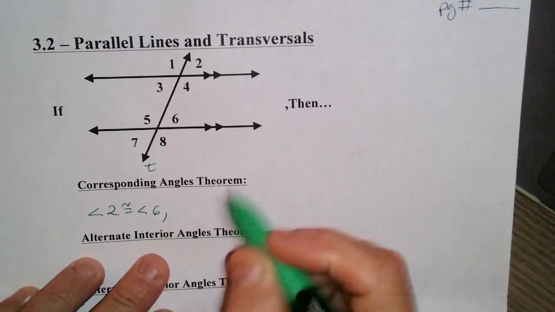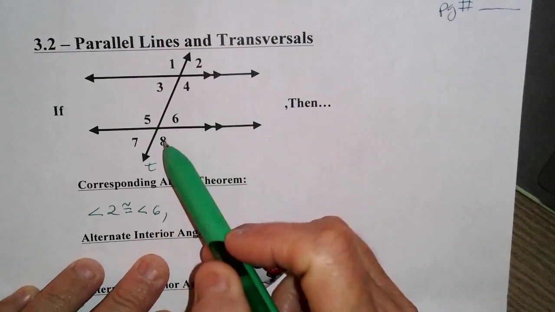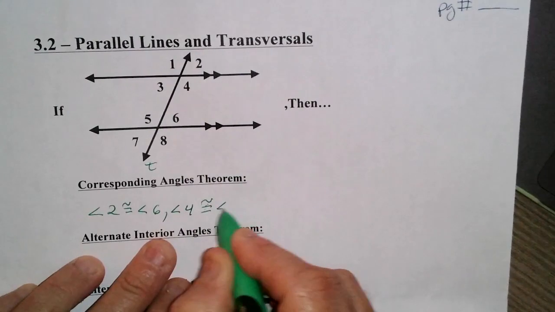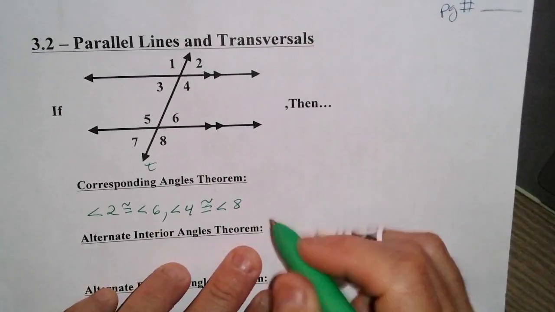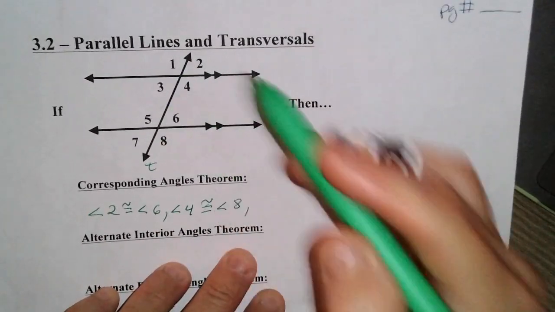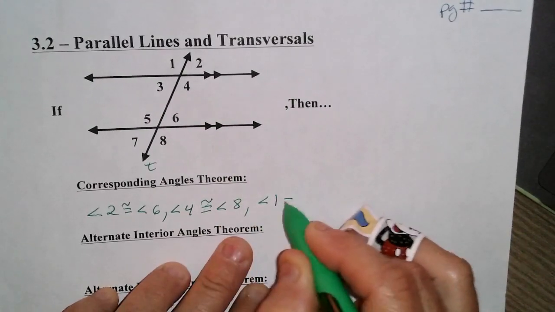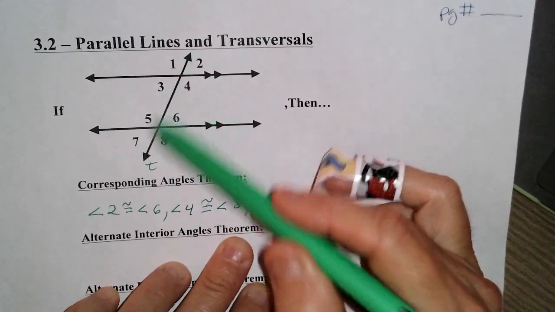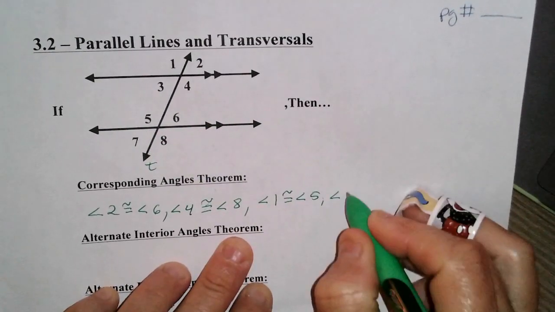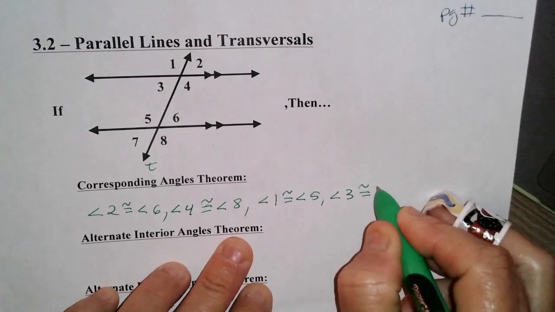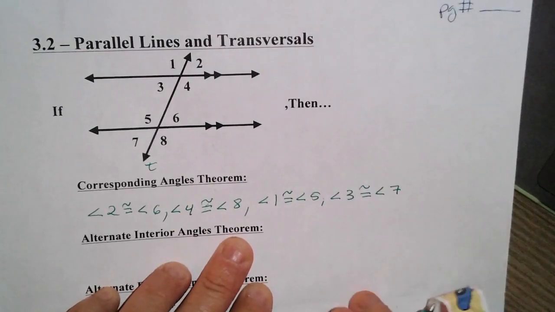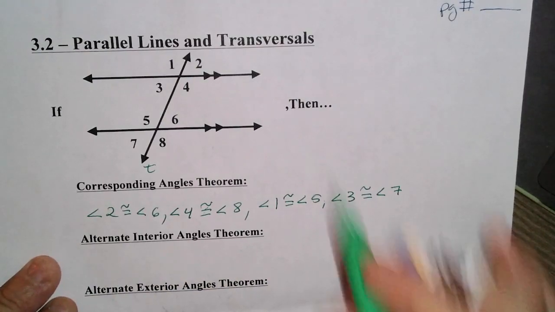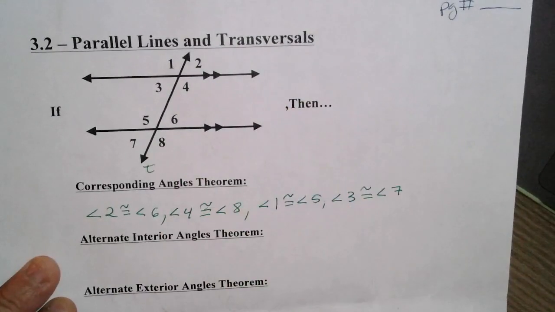Then angle 4 is congruent to angle 8, angle 1 is congruent to angle 5, and the last pair is angle 3 congruent to angle 7. Those are the corresponding angles, and they are congruent when the lines are parallel and cut by a transversal.